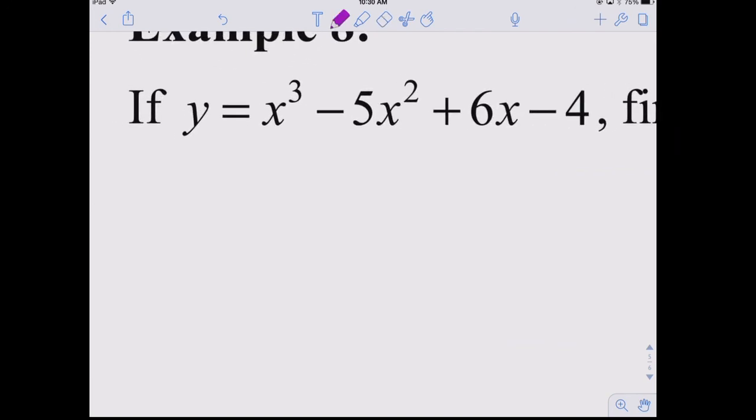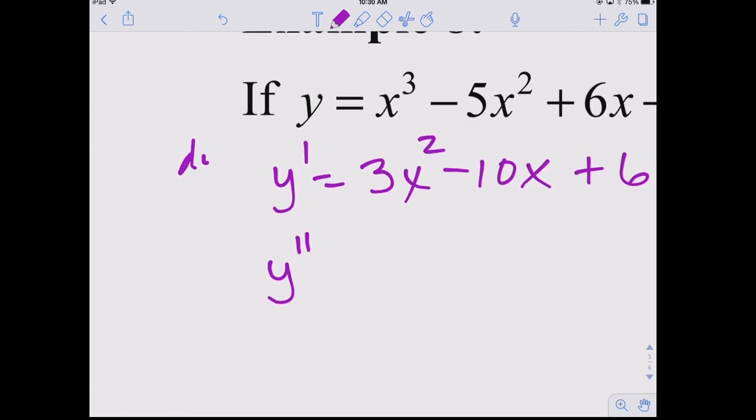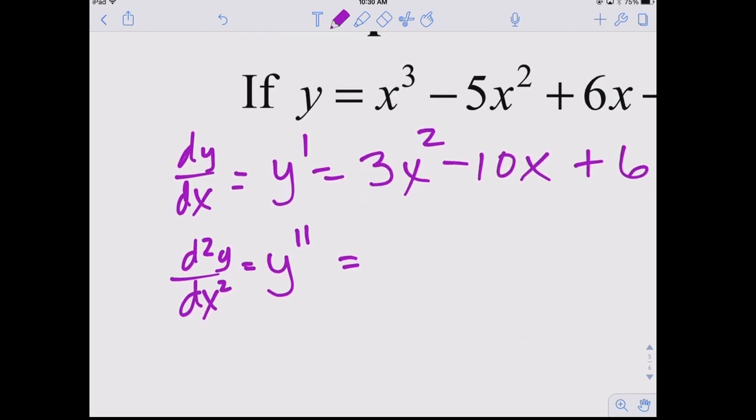I'm going to do it with you. I'm practicing the Leibniz notation. I would say that you could pick whichever one you want.